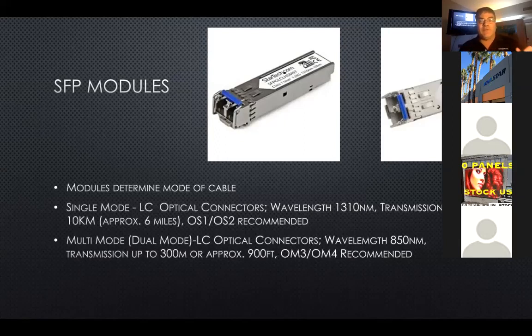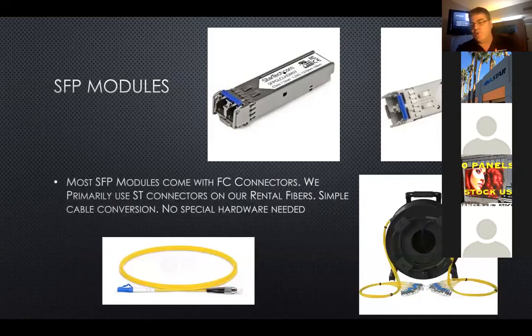Most SFP modules are coming with the FC connectors. If you're like me in the rental world, most of our rental stuff is all ST connectors. So that's easily fixed by a small jumper cable that can have a barrel on it. Now, we use a lot of TAC12, because one thing you've got to keep in mind is when you look at the connectors, you'll see there's a send and a receive in the fiber.